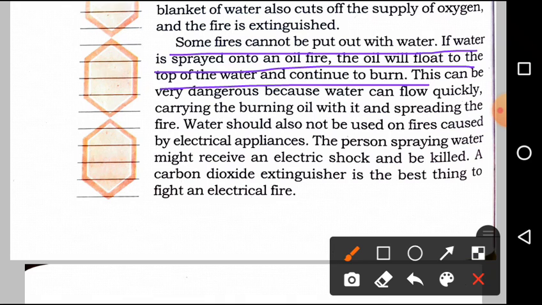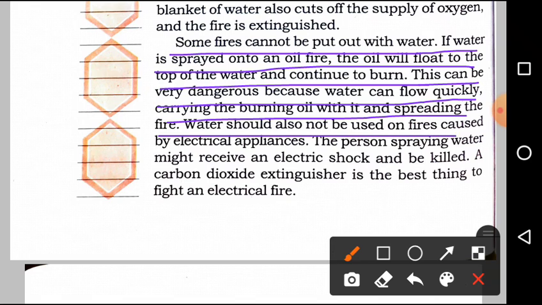Another dangerous thing can happen: the water moves downwards, carrying the burning oil with it, and it may spread the fire. This can be very dangerous because water can flow quickly, carrying the burning oil with it and spreading the fire.